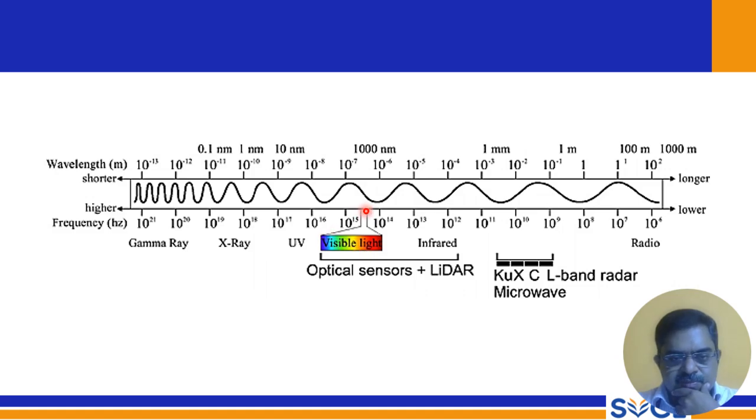All the others, UV and X-ray, and gamma rays, and on this side infrared and radio waves, are not visible frequencies. Only this smallest band of the spectrum is visible. So this is known as the electromagnetic spectrum.